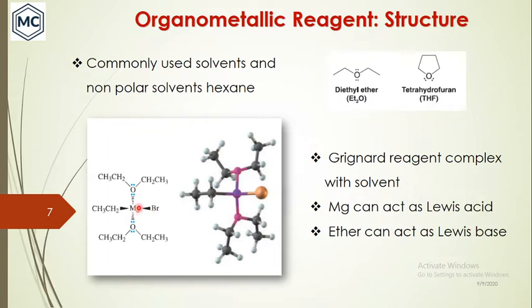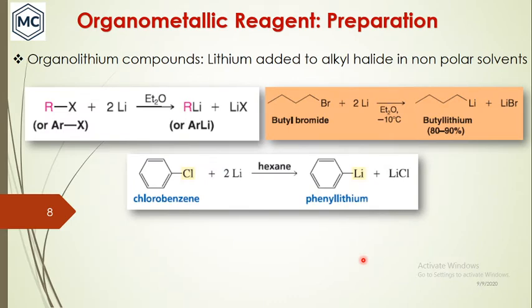The magnesium satisfies its valency octet by complexing with the ether solvent. Usually the Grignard reagent complexes with the solvent. Magnesium can accept electrons from oxygen, so magnesium acts as a Lewis acid and ether acts as a Lewis base.